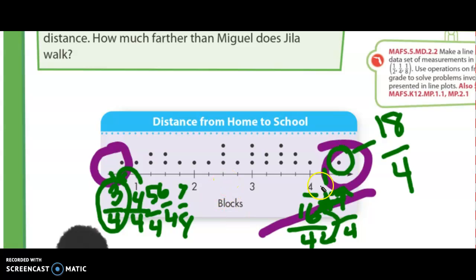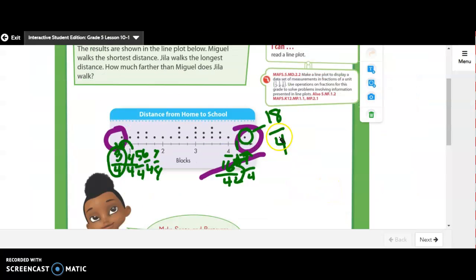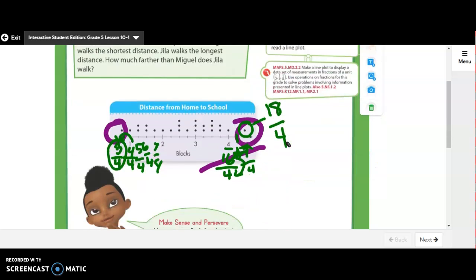Now that was a bunch of jumbled up colors right there, but if you need to slow this down or rewind it at any time to see where I'm getting these numbers from, that's the beauty of having it on YouTube. Our question, now that we figured out what these distances are for Miguel and Jilla, is to go back and see how much farther than Miguel does Jilla walk.